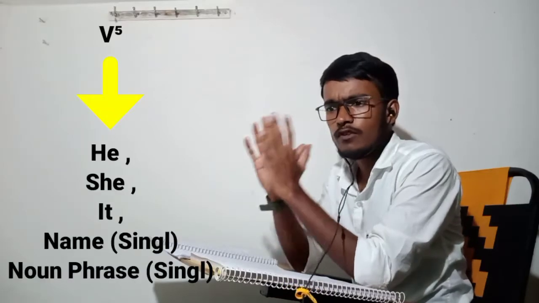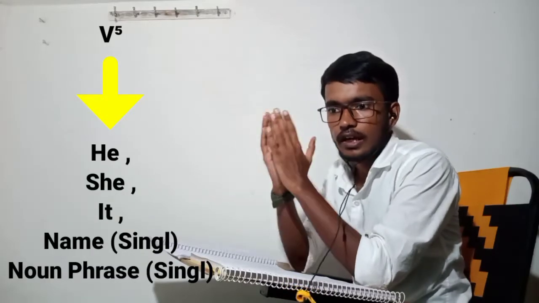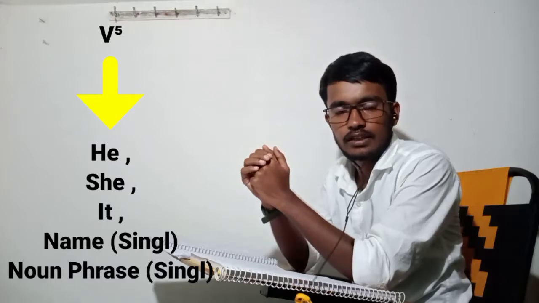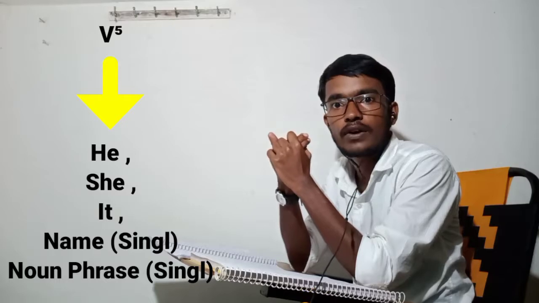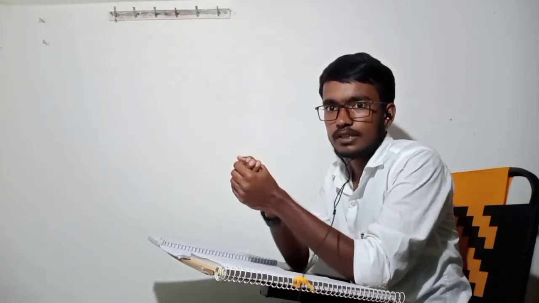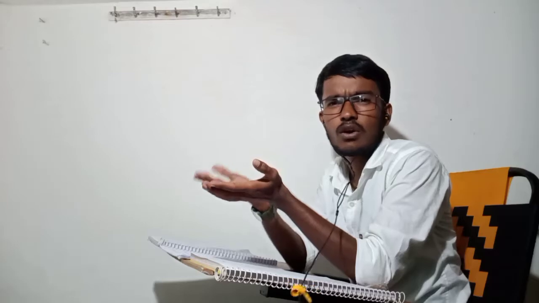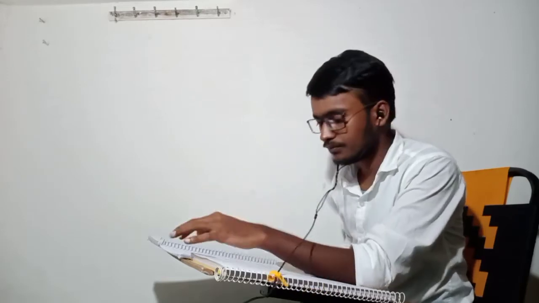We use V5 in front of he, she, it, singular naming words and singular noun phrases, because they are singular subjects. V5 is nothing but V1 plus S or ES or IES. Let's observe some examples.